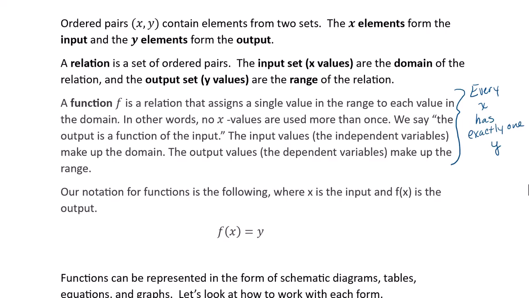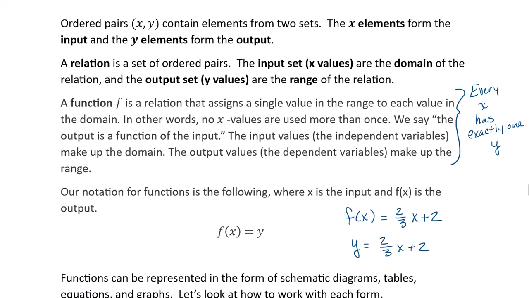Our notation for functions is the following, where x is the input and f of x is the output. So f of x equals y. F of x is in place of y. So our linear function was written this way before. Now you'll see them like this: f of x equals 2/3 x plus 2.